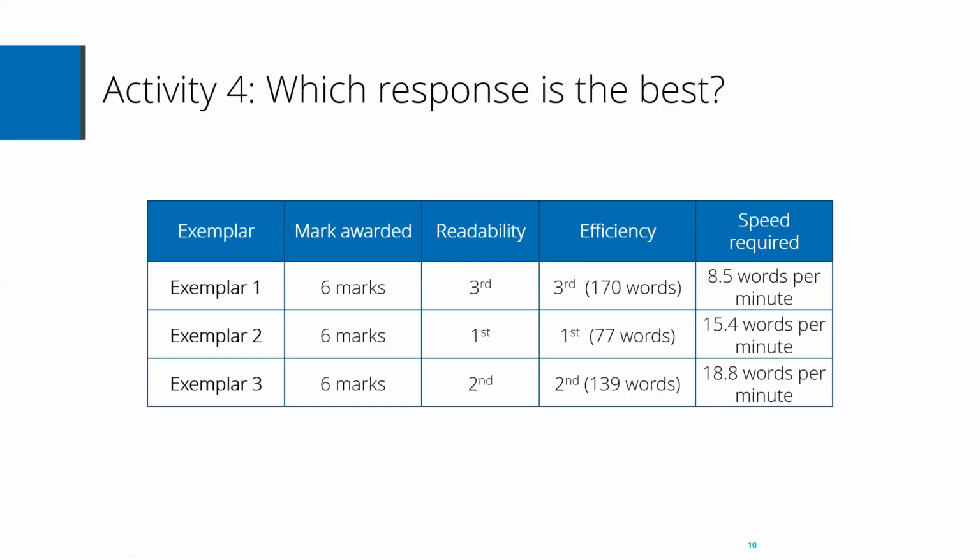Because then the person who writes 77 words has probably finished the 20-mark question at the end of section C. Whereas the person who's written 170 words on a 6-mark analyze question probably has got nowhere near finishing the 20-mark question on section C. And for those levels-based questions, significantly more time has to be spent in the construction. Yeah?